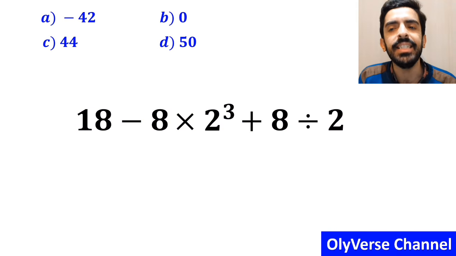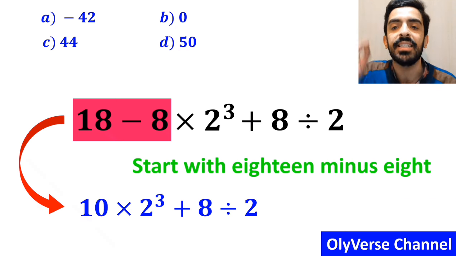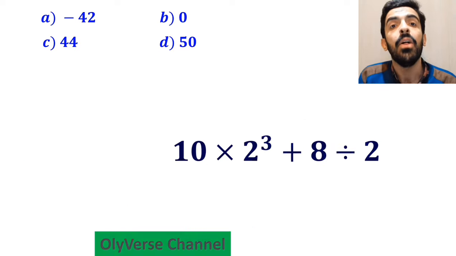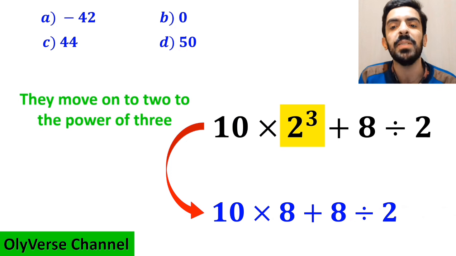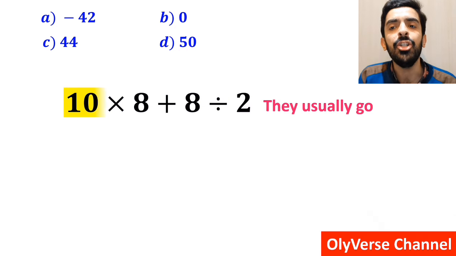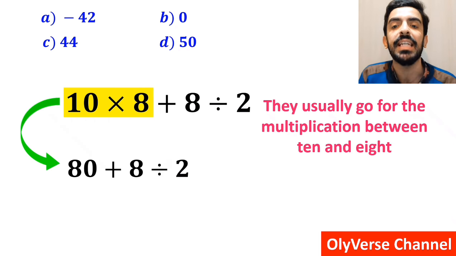Many people when solving this question start with 18 minus 8 and write this expression as 10 multiplied by 2 cubed plus 8 divided by 2. Then, they move on to 2 to the power of 3, which I have highlighted in yellow, and replace this expression with 10 times 8 plus 8 divided by 2. And the next step, they usually go for the multiplication between 10 and 8, and replace this expression with 80 plus 8 divided by 2.